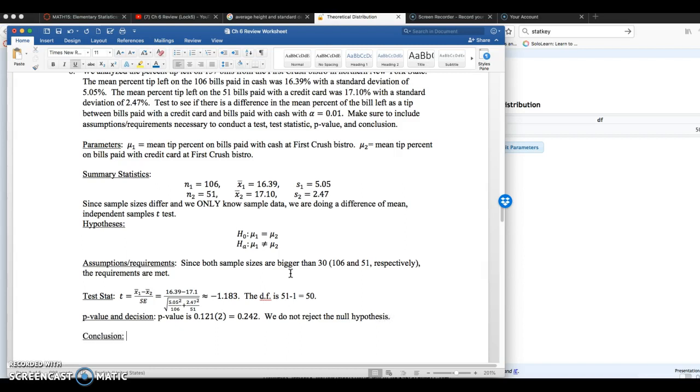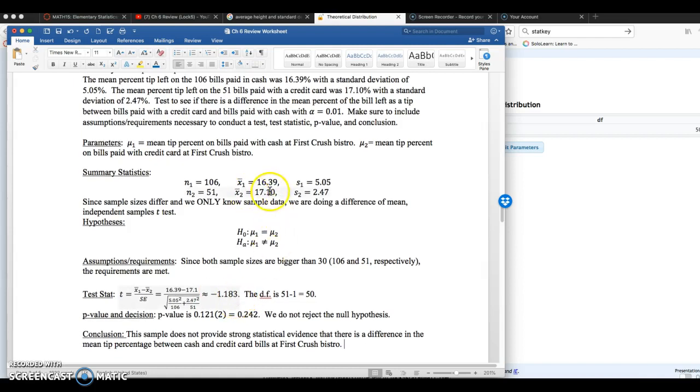All right, so the last thing we're going to do: we do not reject the null because our p-value is greater than 1%. And I want to write up a conclusion in as plain English as possible. This sample does not provide strong statistical evidence that there is a difference in the mean tip percentage between cash and credit card bills at First Crush Bistro.